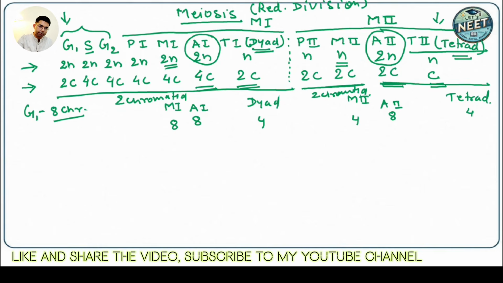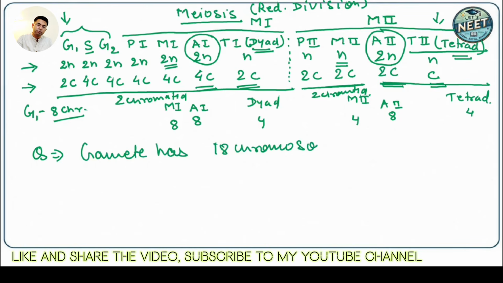Now one question here I am giving you. If I say that a gamete has 18 chromosome, a gamete has 18 chromosome. Now tell me the number of chromosome at each pole of anaphase 1.